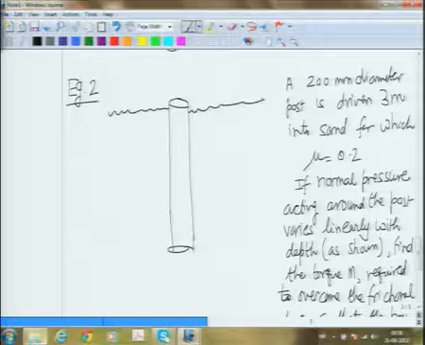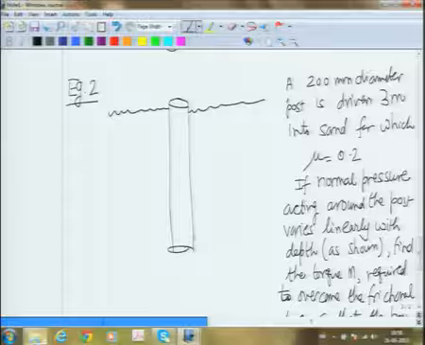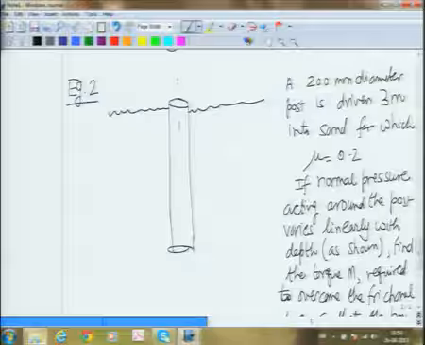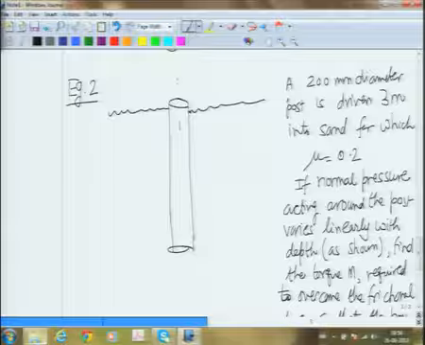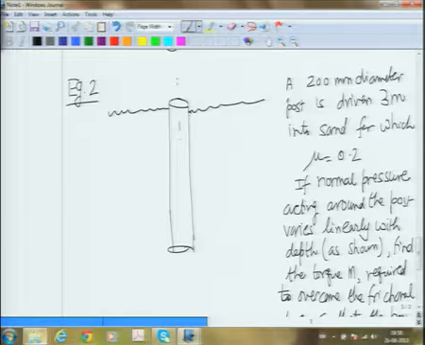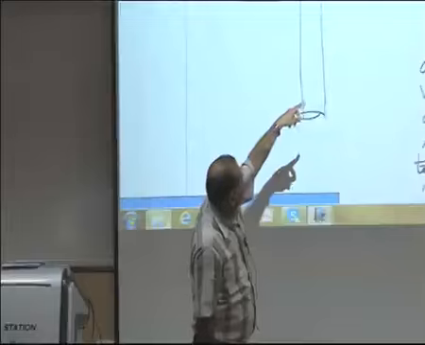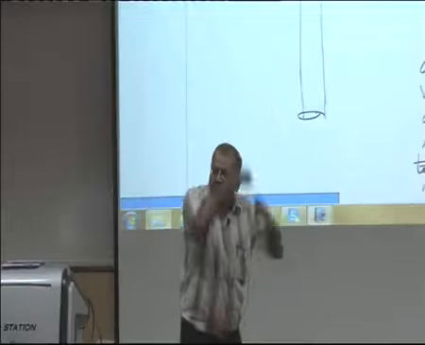There is a post which is dug in the ground, maybe it could be slightly higher up, and in this case what is given to us here is that the ground all along on the post is applying a pressure, and it is given that this thing is 3 meters inside the ground.